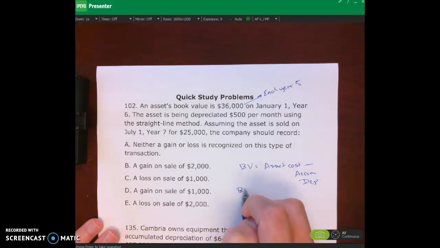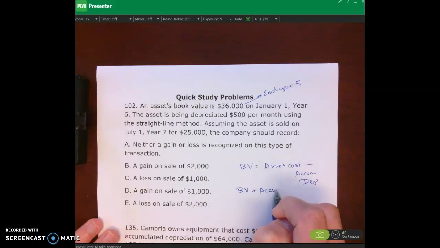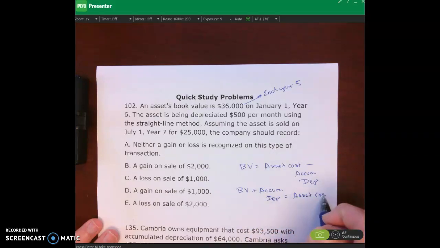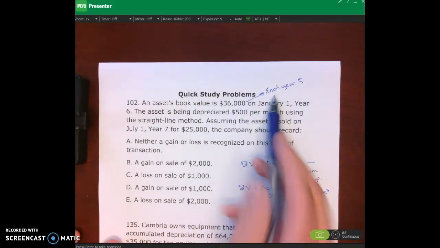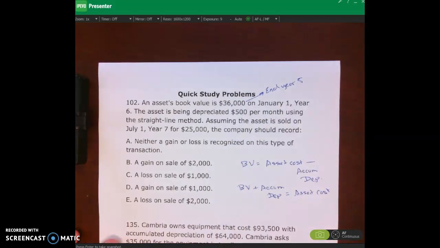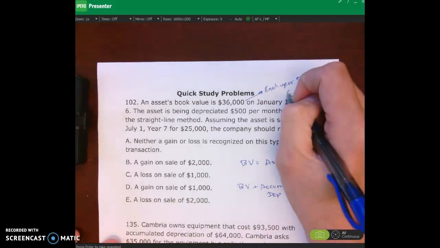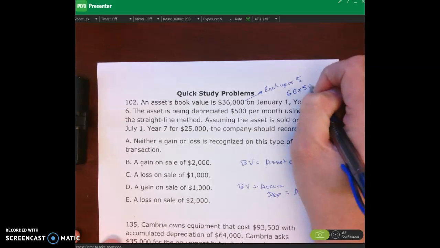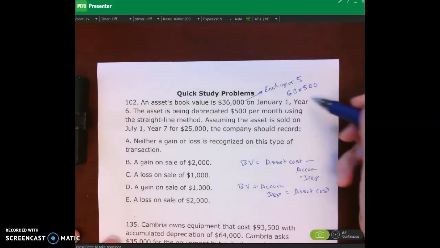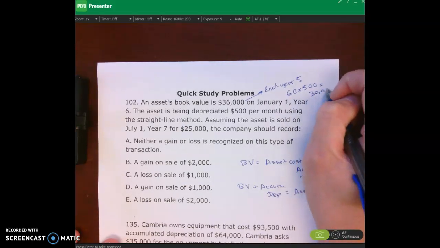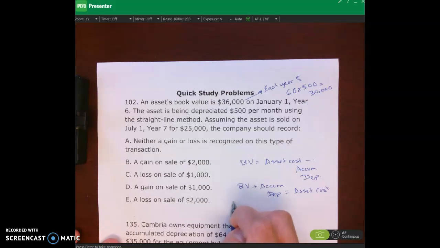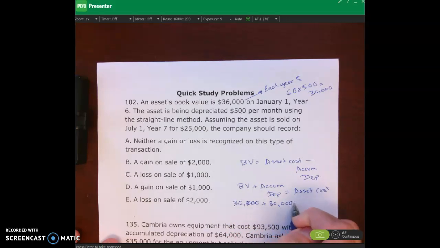Therefore, book value plus accumulated depreciation equals our asset cost, just simple algebra. So we know our book value at the end of year 5. What would be accumulated depreciation at the end of year 5? Well, it would be 60 months times our $500 per month, which gives us $30,000. So our book value of $36,000 plus our $30,000 gives us our asset cost.